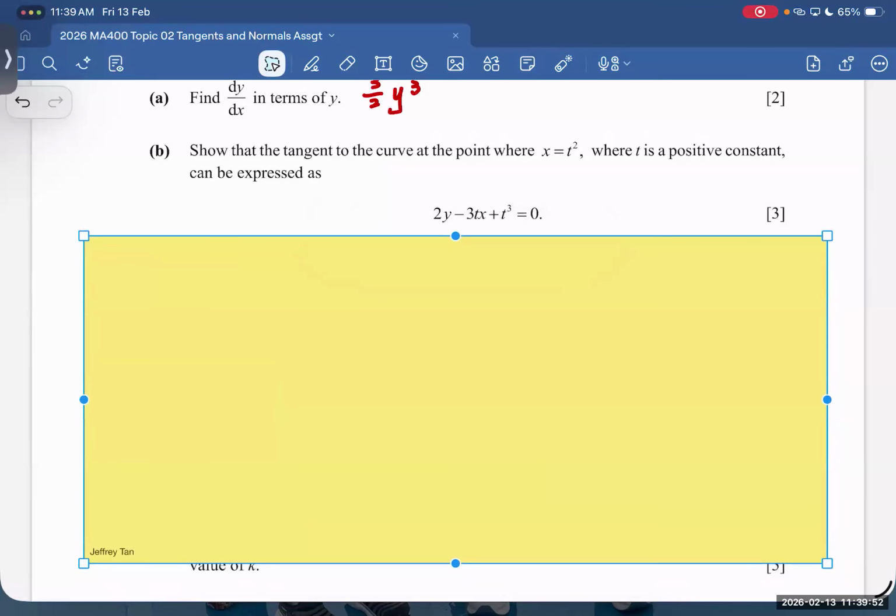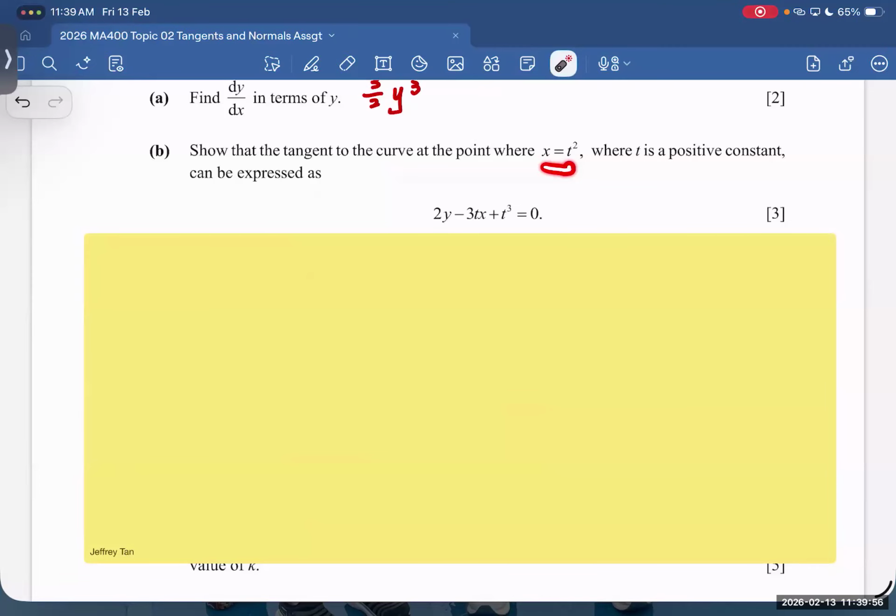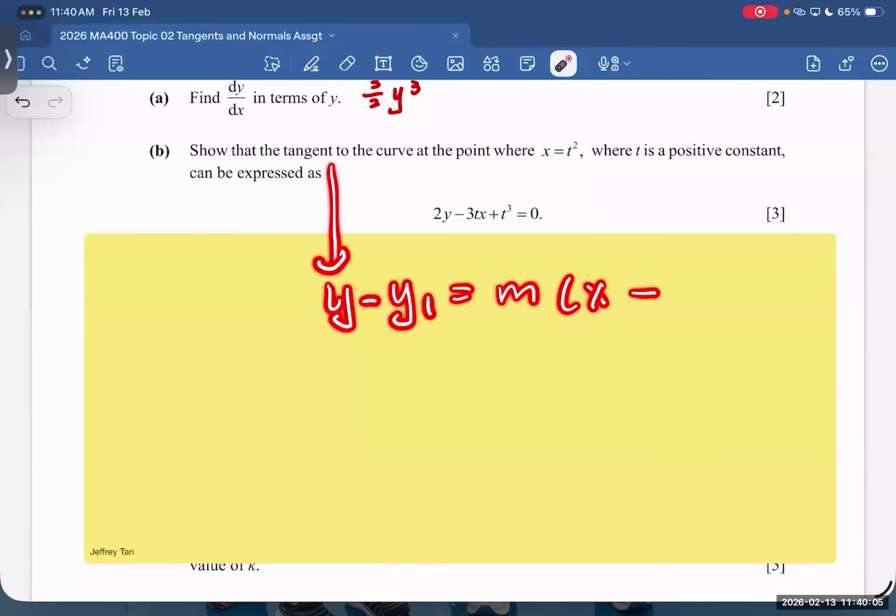So here, show that the tangent to the curve where x equals t squared can be expressed as 2y. Usually we know that if we talk about tangent, the formula is y minus y1 equals gradient times x minus x1, correct? So here, this is referring to the x1.